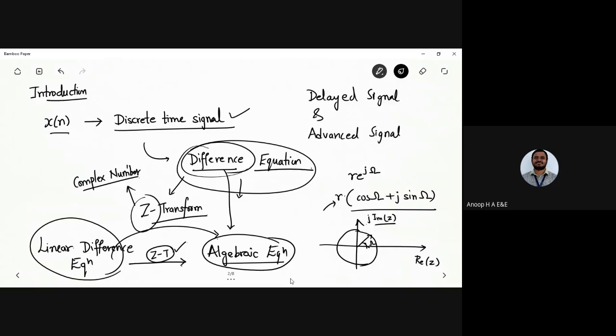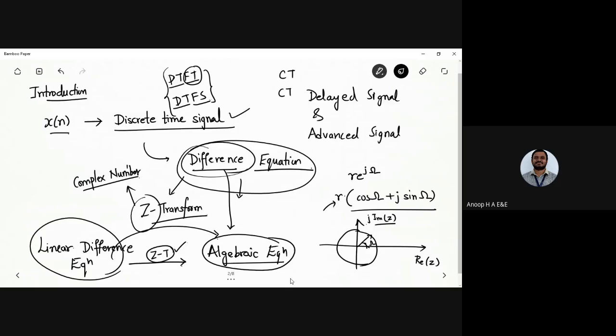Now, in the coming modules we will be discussing DTFT, the discrete time Fourier transform, and DTFS, the discrete time Fourier series. Certainly we'll also have the continuous time Fourier series and the continuous time Fourier transform.